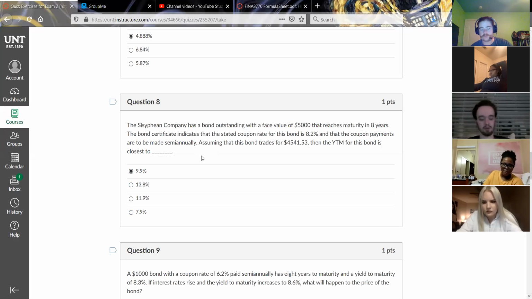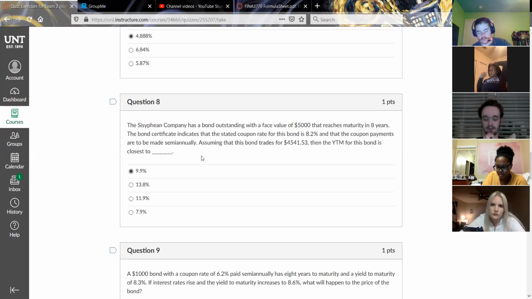Okay, so in the TVM solver, I have 16 for N because you have 8 years and it's semi-annual payments. For present value, it's going to be negative 4,541.53, assuming that this bond trades for that amount, the amount you could sell it or buy it for now.